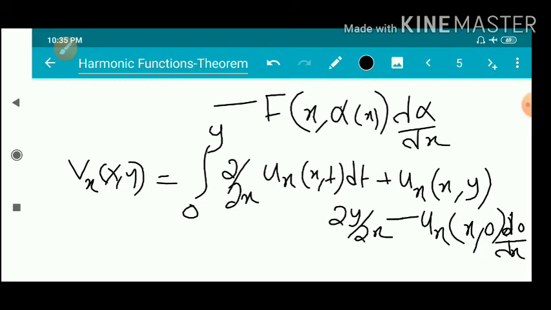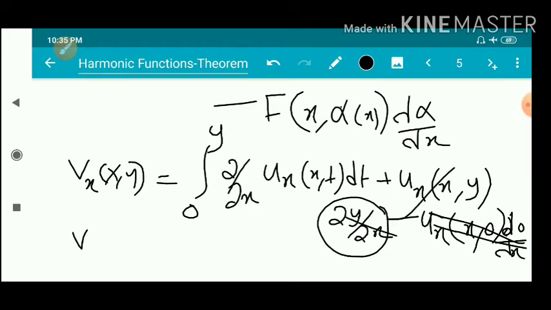So this becomes 0 because we are differentiating a constant, and here we are differentiating with respect to x, so y is a constant, so this term is also 0.